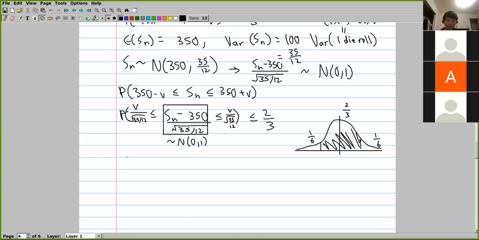So this means this probability should be less than 2/3, and to put it in terms of the CDF of the normal, this cutoff is going to be 5/6, and this cutoff is going to be, wait, sorry. This is 1/3 and this is negative 1/3.